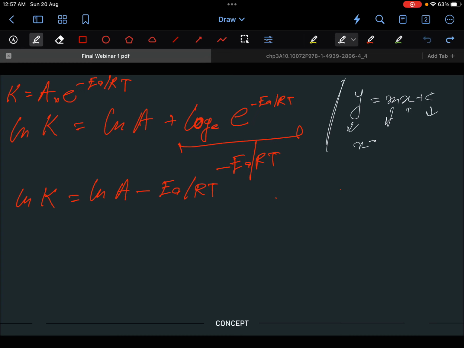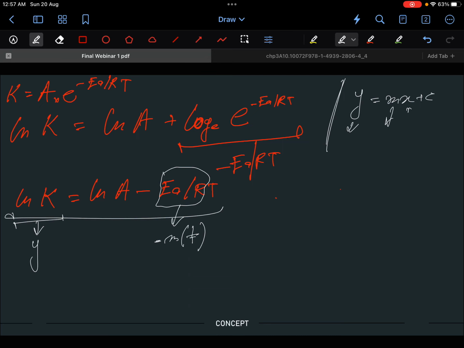Just basic things. So in this equation I can put this as y, and this part as m, so this is minus m into x. What is x? x is 1 by T. This part is c.